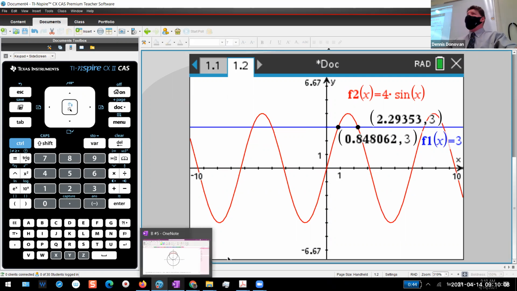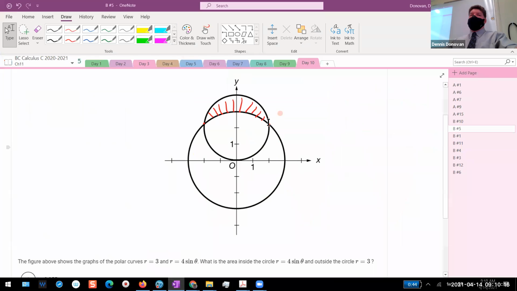Anything else? Yeah. How did you get the two intersections? Because I know I'm in the first quadrant and the second quadrant. They're the first two intersections along the way, right? From 0 to pi over 2, the first intersection is from 0 to pi over 2.